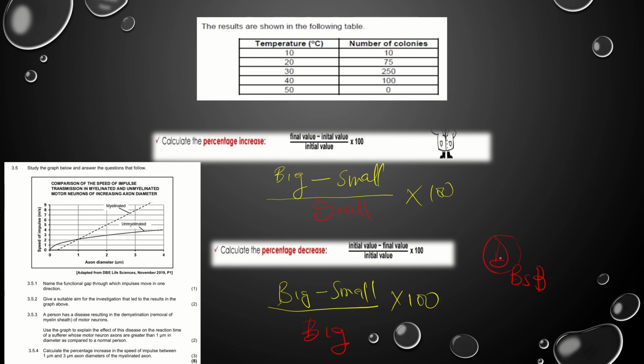So you know under decrease we go big value minus small value, divide by big value. Here, if you say BSS, you know that it's increase, you go big value minus small value, divide by small value. It's up to you, but I always advise people when you study life science, make your own abbreviations so that things are simpler for you.